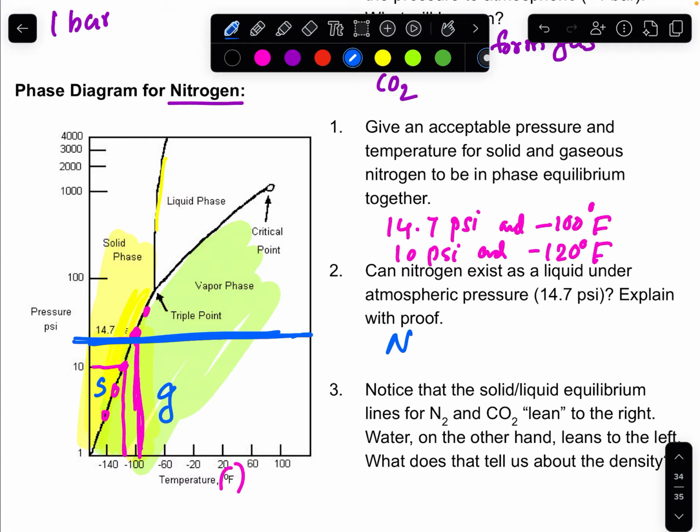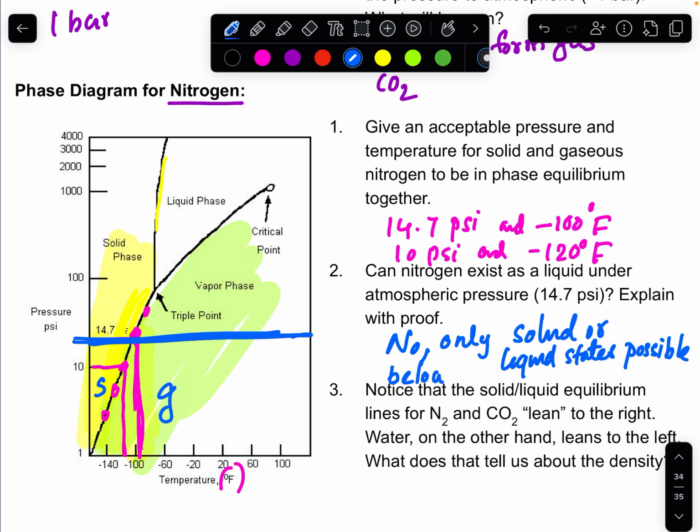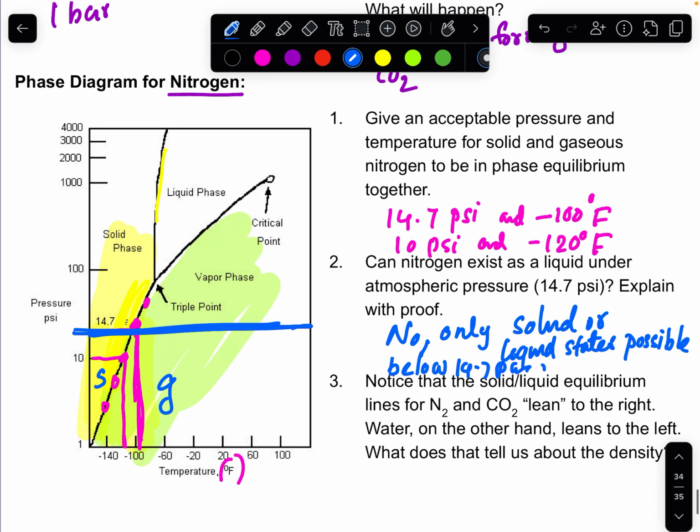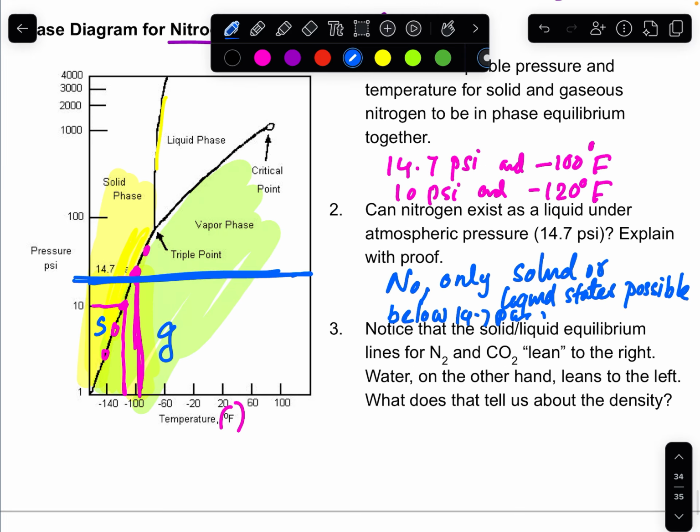So we can say no, only solid or gas states are possible below 14.7 psi. Okay, so the next question, the last one.